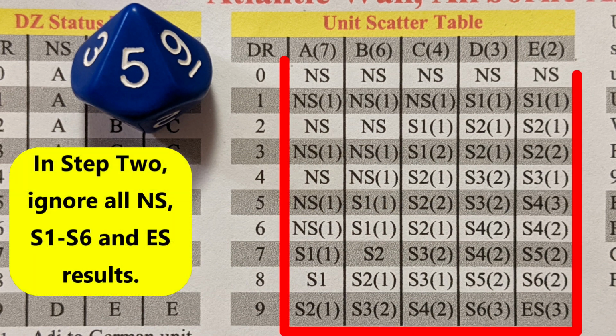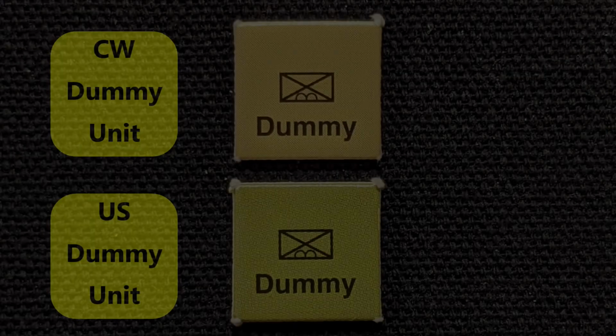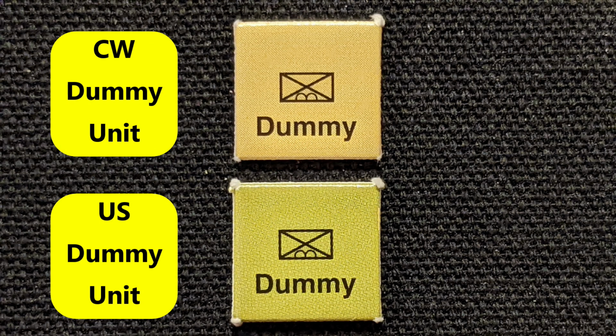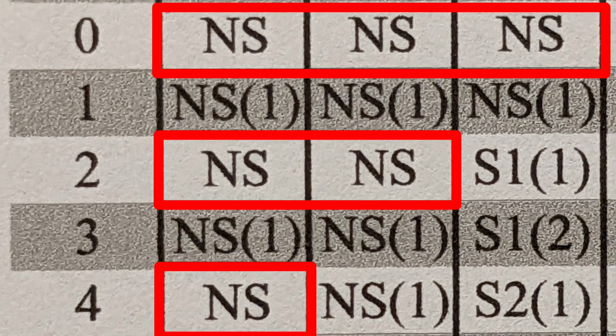Alright, for this step, ignore all NS, S1 to S6, and ES results. The only results we're interested in are these numbers in brackets, which indicate the number of dummy units that will be added to the pool of fog of war companies from Step 1. If there is no number in brackets in a result, no dummy units are added to the pool.